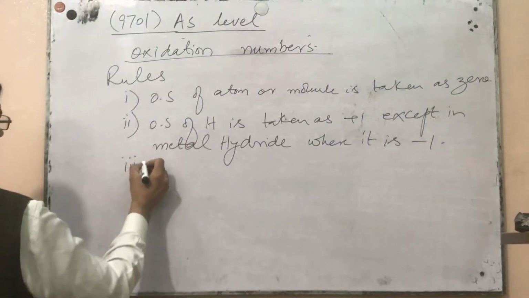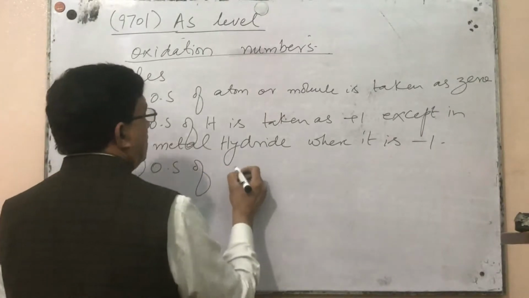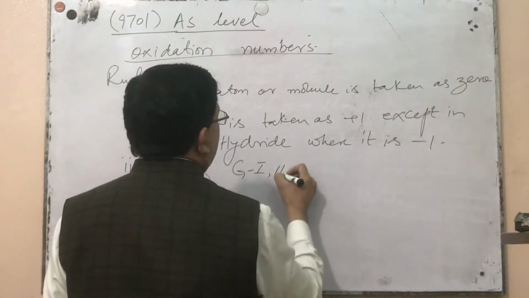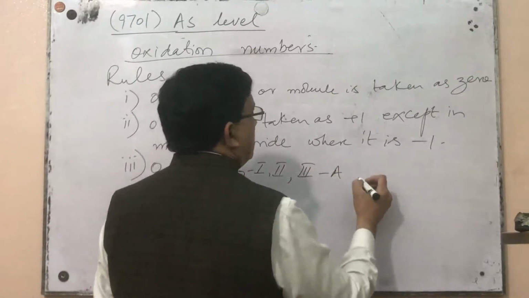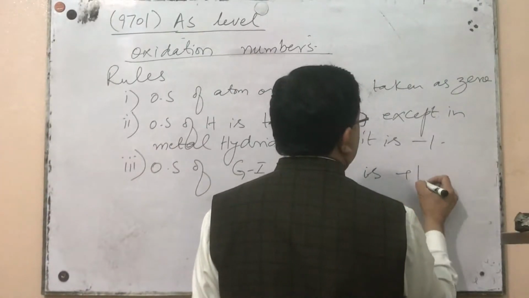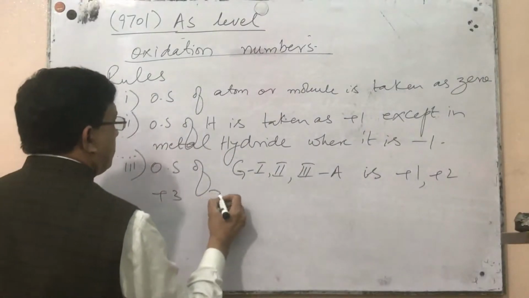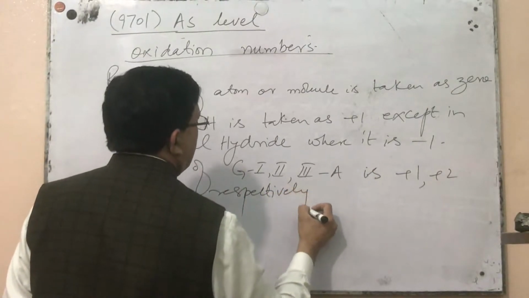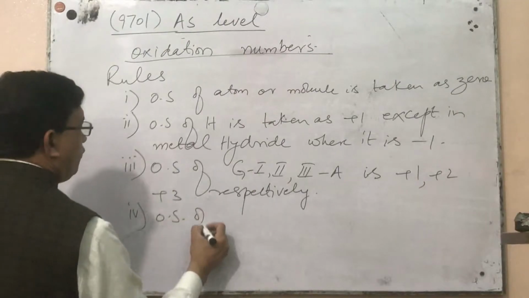Third, the oxidation state of group 1, 2 and 3A is +1, +2 and +3 respectively. Fourth, the oxidation state of oxygen.